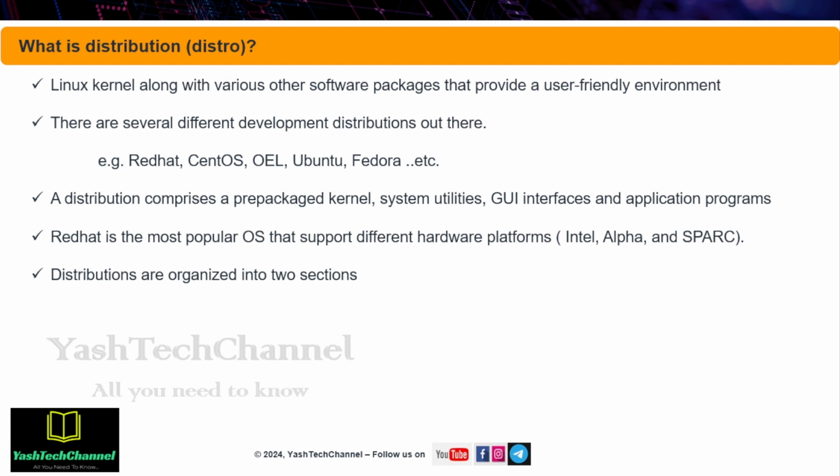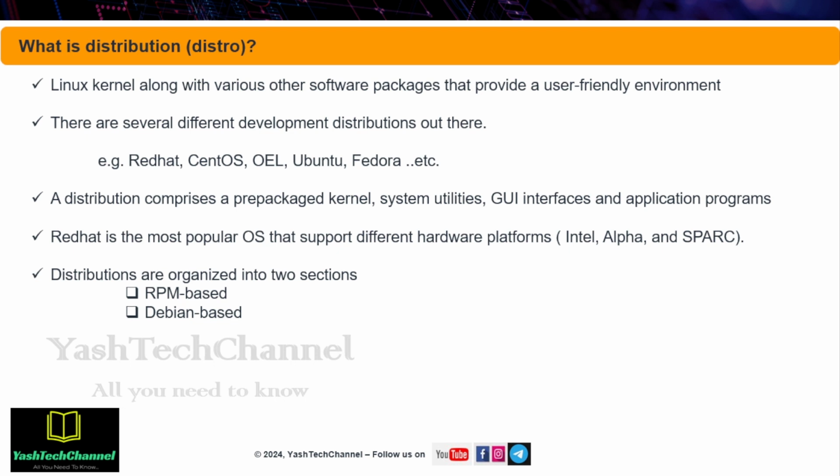Let's say if you are dealing with your Windows machine, you will get software in a .exe format, or sometimes a package starts with .msi, the Microsoft installer file. So based on that installation type, further it is divided into two categories, right? One is RPM based, which is very popular, and the second one is Debian based.